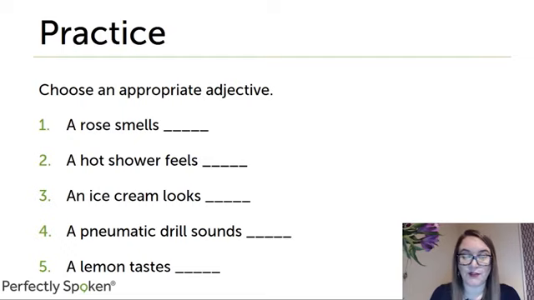So what I want you to do is think of an appropriate adjective that could complete the sentence. So pause the slide and see if you can think of a suitable adjective for me.